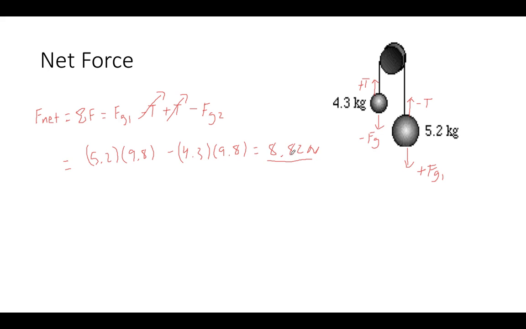So that's the net force, which is essentially the force of gravity on the 5.2 kilogram mass minus the force of gravity on the 4.3 kilogram mass.